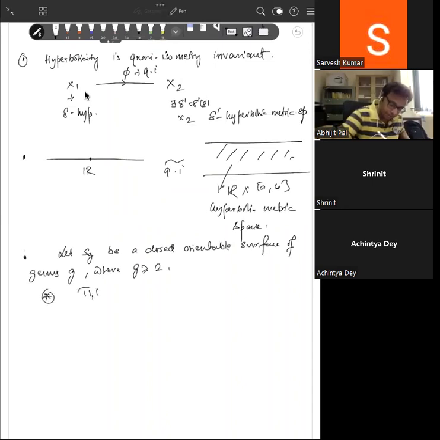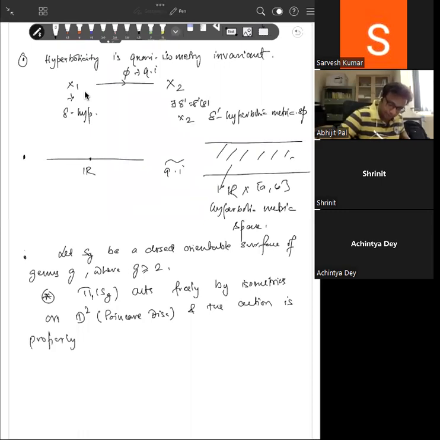This pi1 of S_G acts freely by isometries on the Poincare disk. This is my Poincare disk, and the action is properly discontinuous and co-compact.